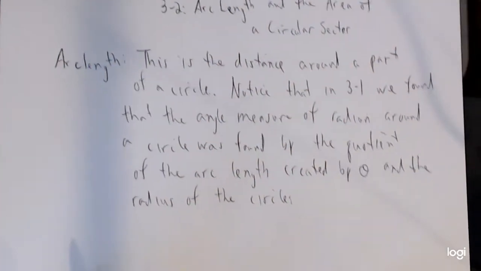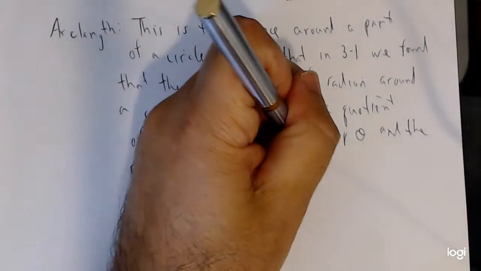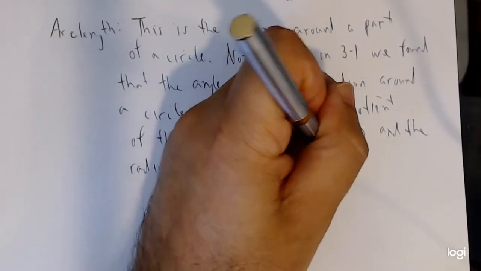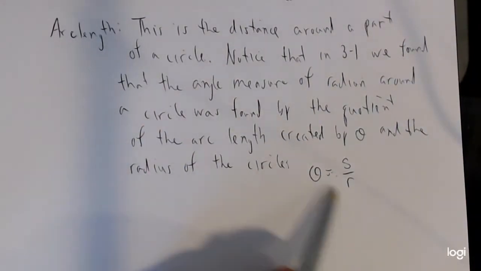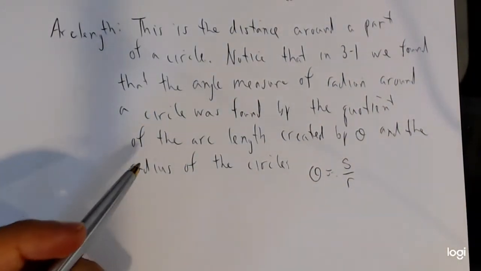So if you remember in section 1 we said theta is equal to S over R, where S is the arc length. So literally grabbing this equation and solving for S will give us the arc length.